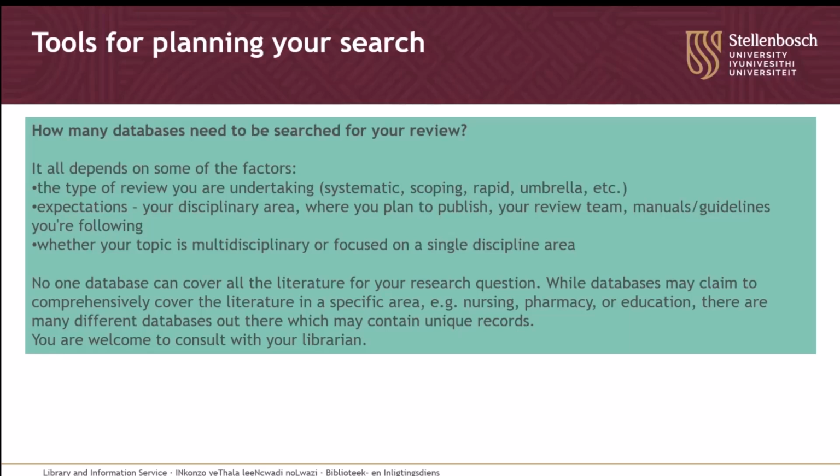But there's no real answer. The short answer is that it all depends on a lot of factors. Are you doing a scoping review or a systematic review? What type of review are you going to undertake? That becomes important.